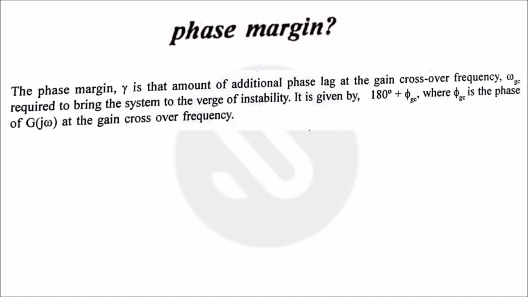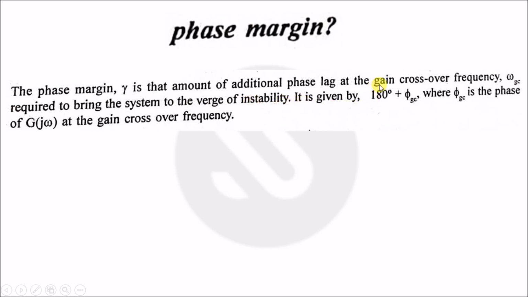Similarly, if you go for phase margin, it says that the phase margin or gamma is that amount of additional phase lag at the gain crossover frequency. Here the term is gain crossover frequency, right? So for phase margin, it is gain crossover frequency, omega gc, required to bring the system to the verge of instability.